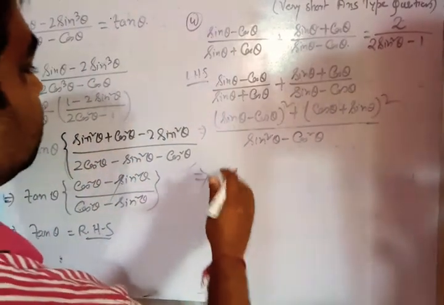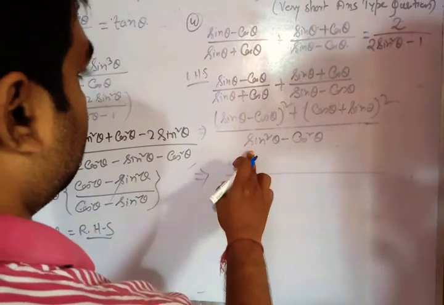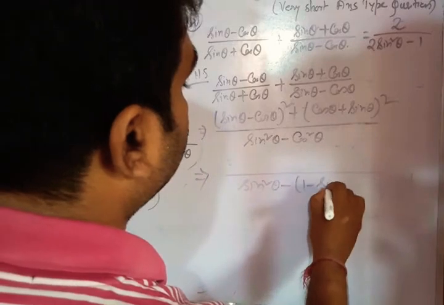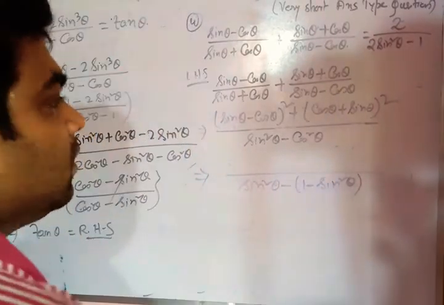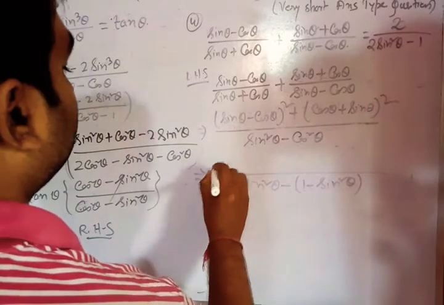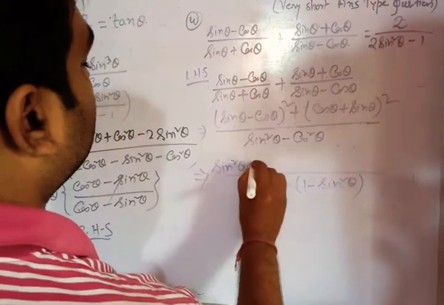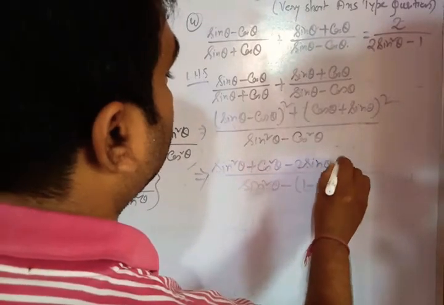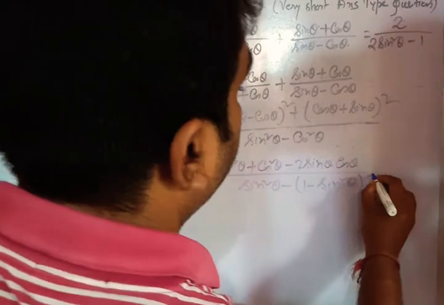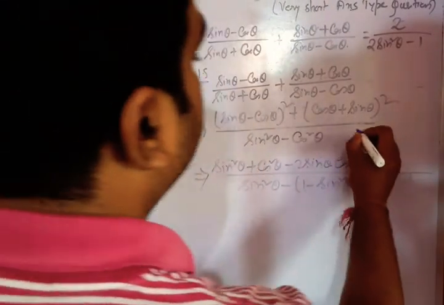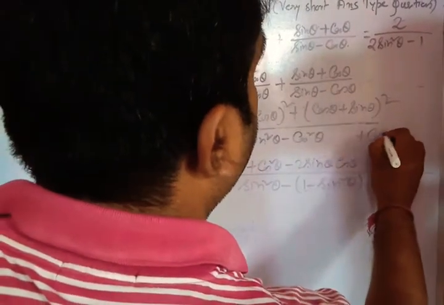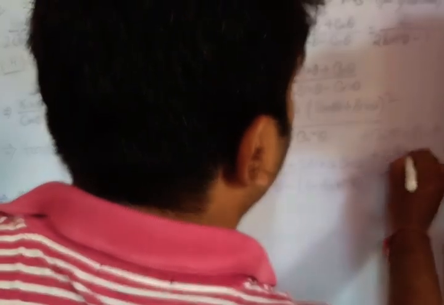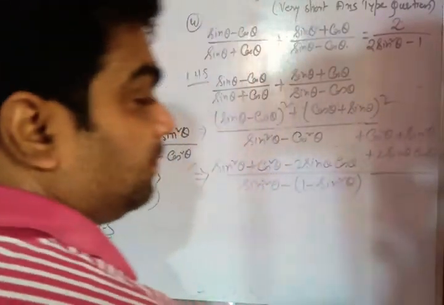So here the denominator can be written as sin square theta minus 1 minus sin square theta. And the numerator is sin square theta plus cos square theta minus 2 sin theta cos theta, plus cos square theta plus sin square theta plus 2 sin theta cos theta.